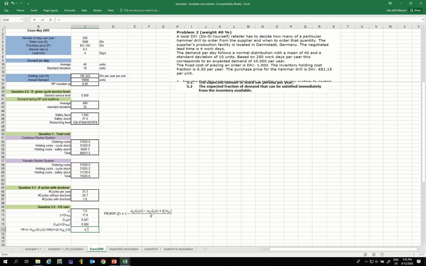Okay, so let's calculate the realized fill rate. This is simply the formula that we have both in this cell and also here.